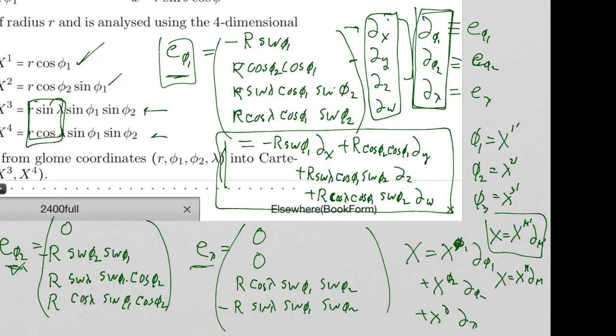The coordinate basis in glome is related to the coordinate basis out of glome by this relationship, which you could invert, but you could still only capture the subspaces that are on the glome. Okay, so with that in mind, what next?